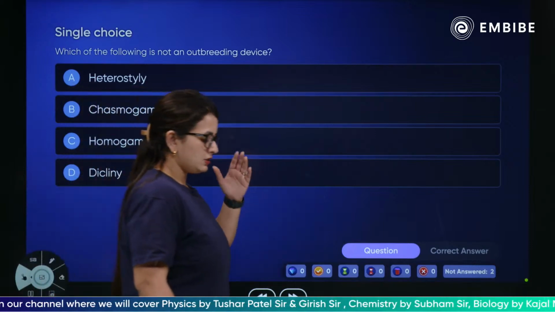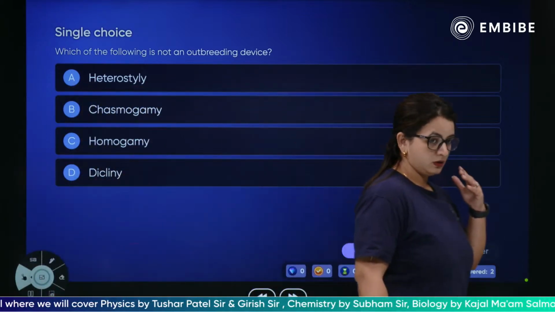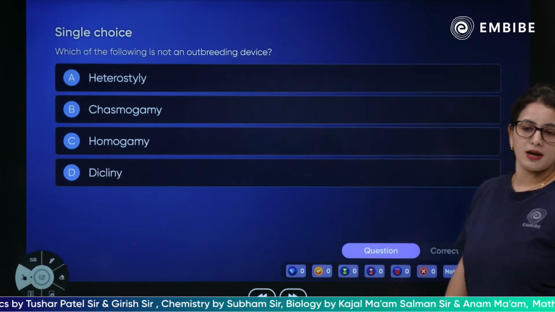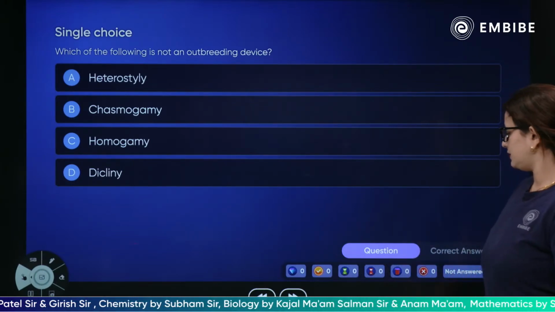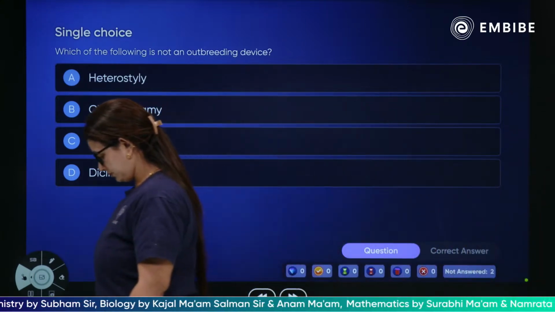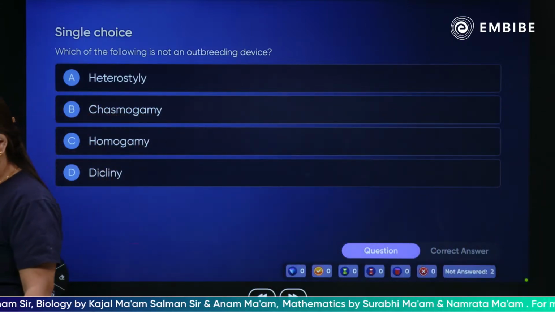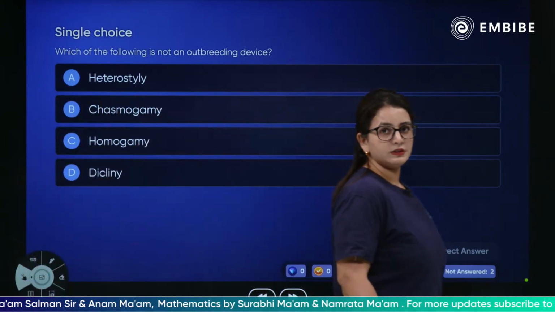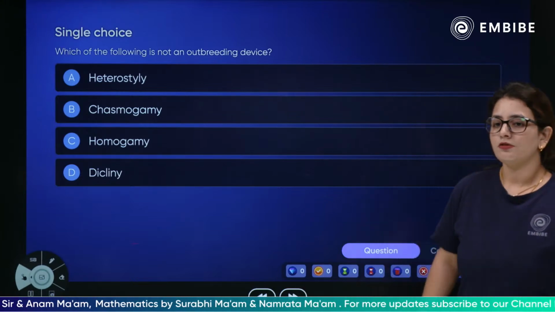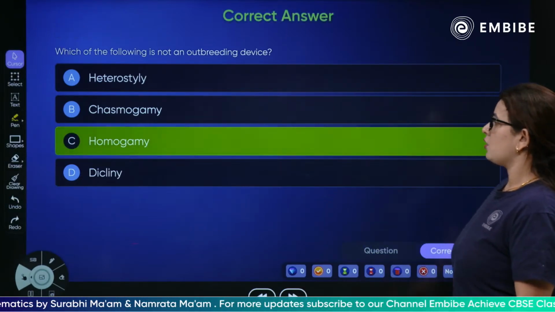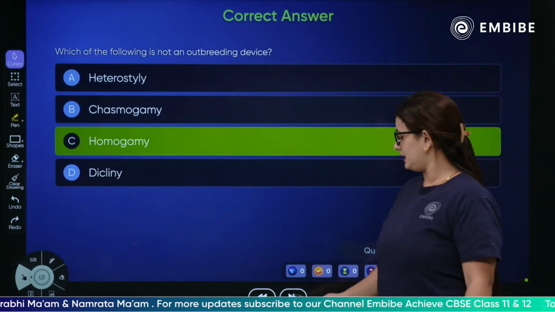Which among them is not an outbreeding device? Yes, homogamy is not an outbreeding device.